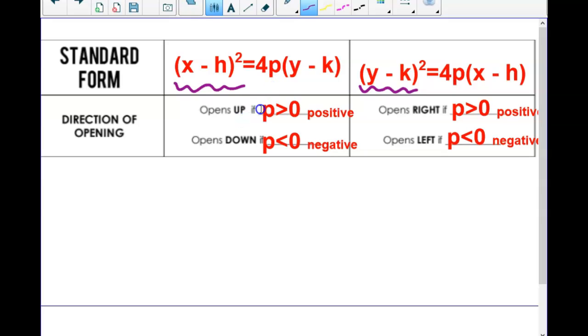When this p is positive, it's going to open up or to the right. When the p is negative, it's going to open down or to the left. And I don't care if you put these greater than 0 or less than 0. If you just write positive and negative on those blanks, whatever makes most sense to you, it's your notes. If you're one of those people who those little less thans always confused, maybe just write positive, okay? Less thans, greater thans. Any questions?